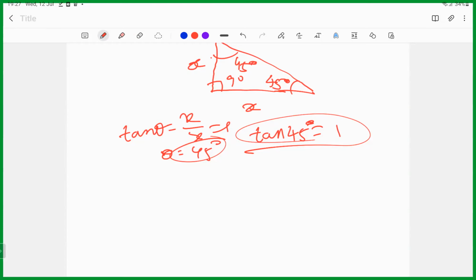So what are the things that we learned today? Ratios, and then the identities.